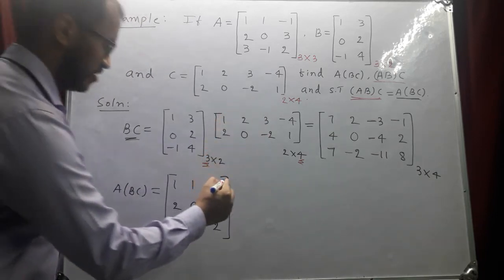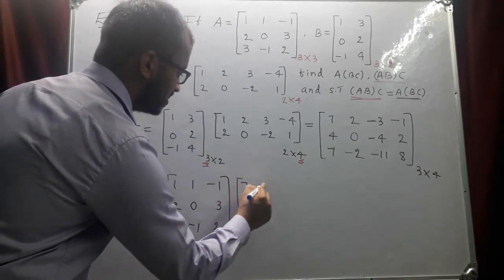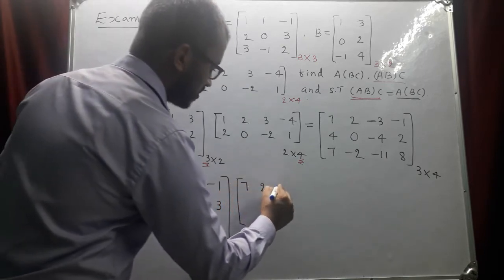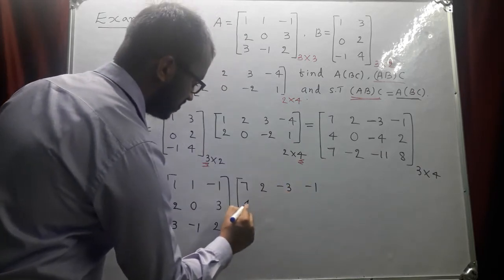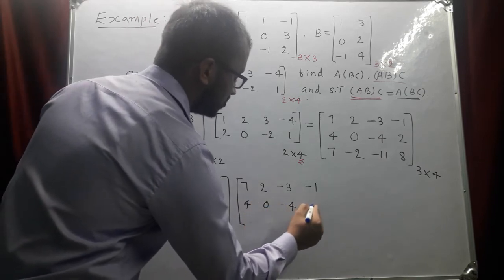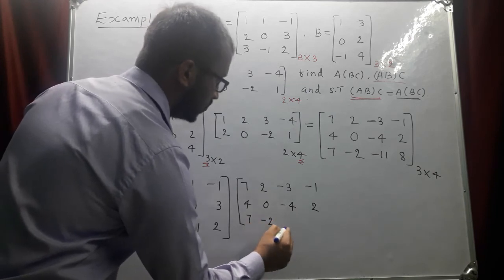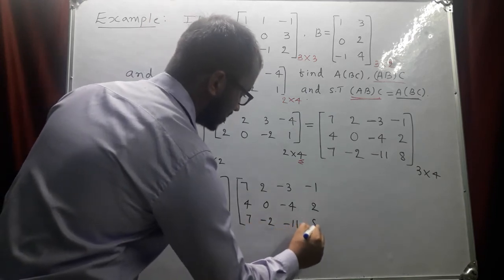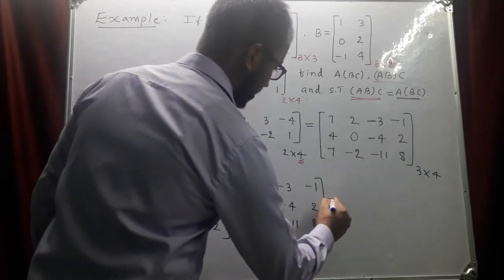Already we got the value of BC, that is 7, 2, minus 3, minus 1, 4, 0, minus 4, 2, 7, minus 2, minus 11, 8. So let us find the product.